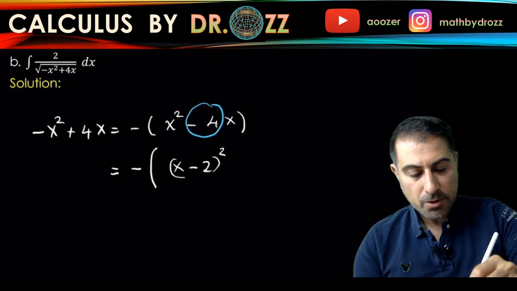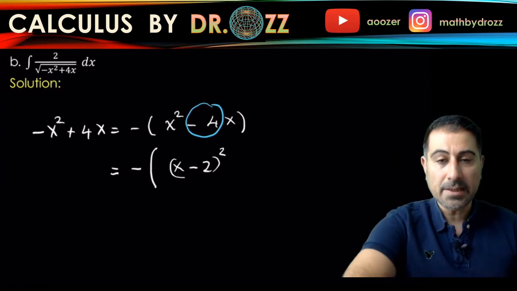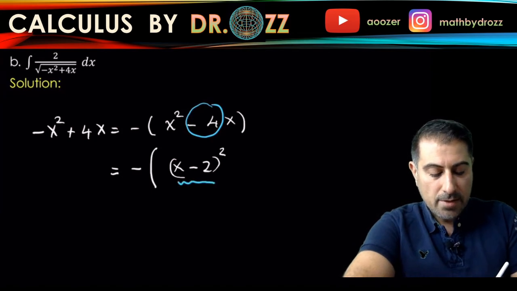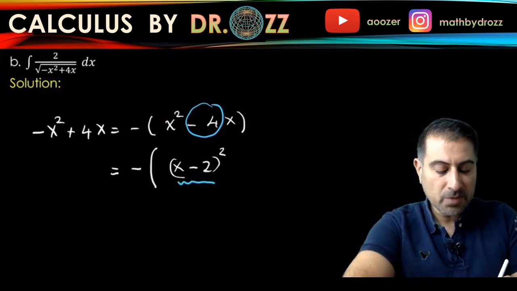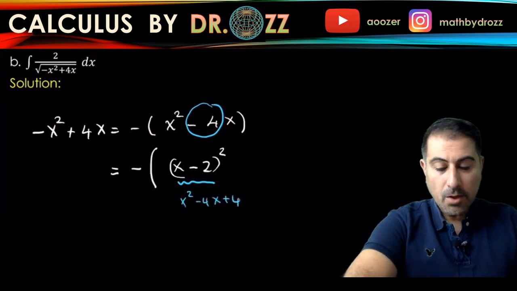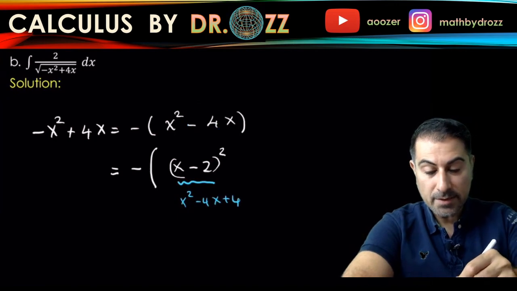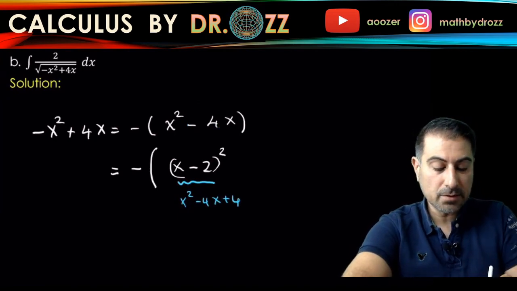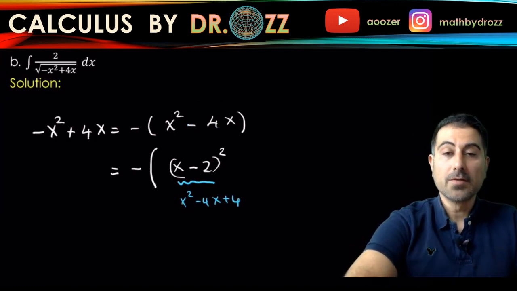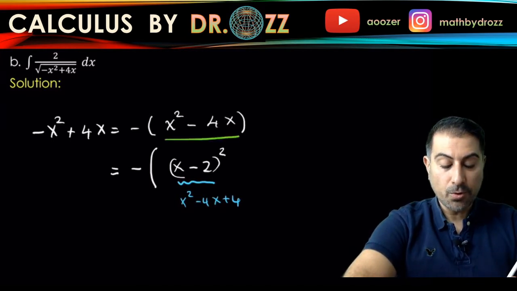So I want to first know what's going on here to match it back to x squared minus 4x. Here, x squared minus 4x plus 4 is the expansion of the perfect square. In the original polynomial inside the parentheses that I started with, I have x squared minus 4x, and I didn't have any 4 extra.